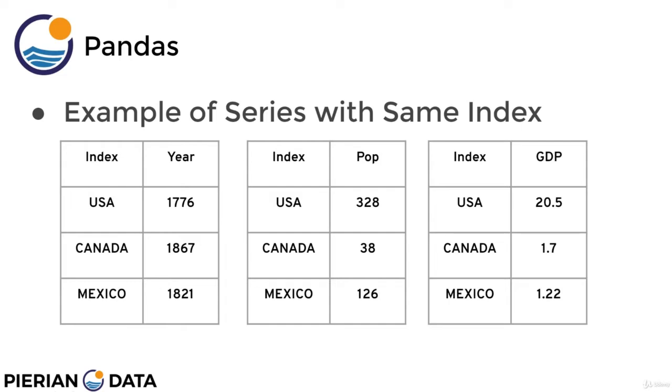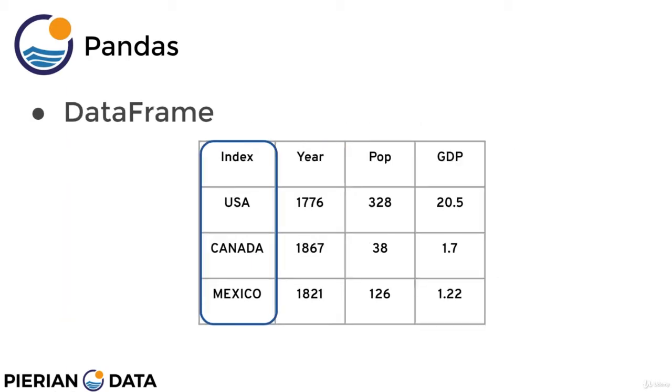You'll notice that each of these individual three series actually has the same index: USA, Canada, Mexico, and so on. And so what we can do is combine these three series that share the same index into a single data frame with the same index, just with multiple columns. And so that's all a data frame is. It's just several series that happen to share the same index.